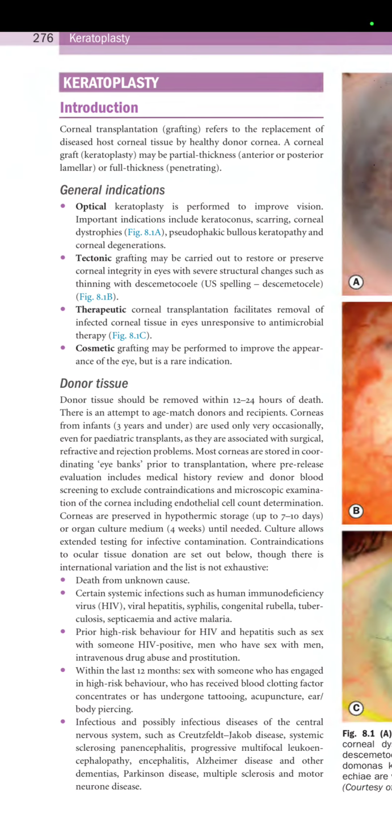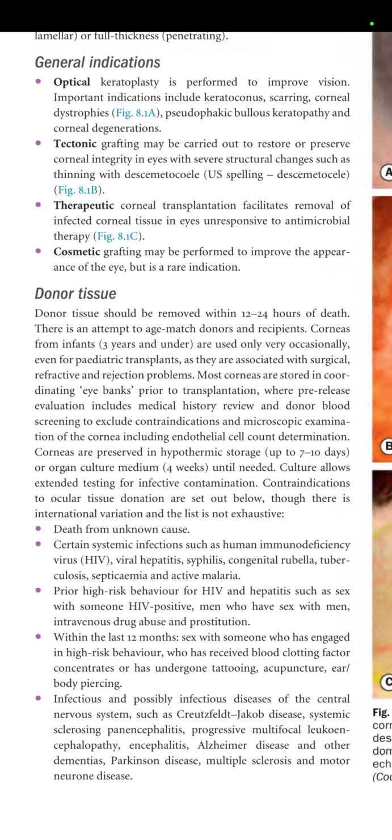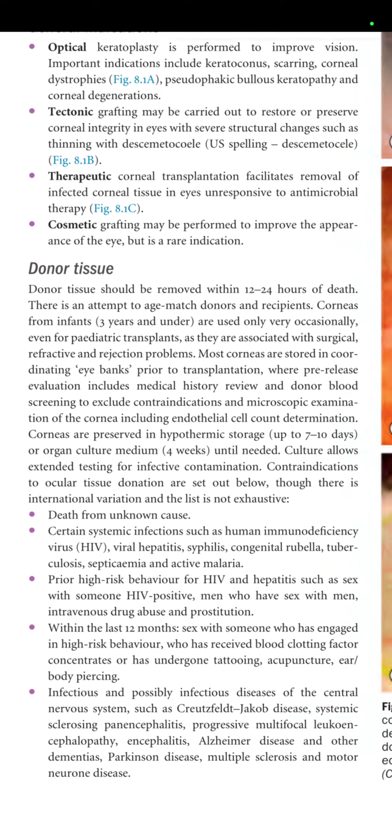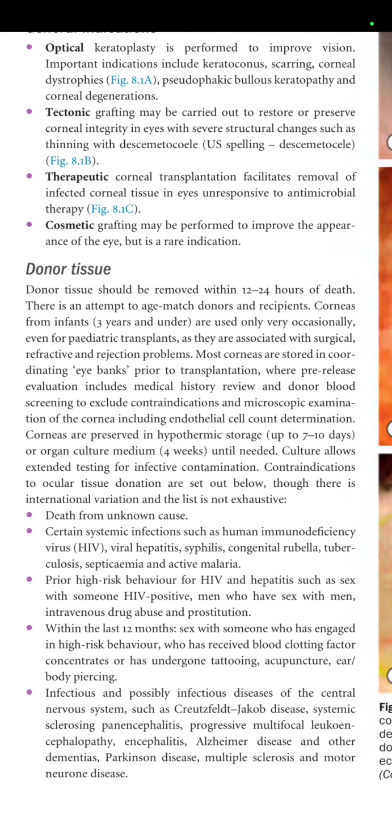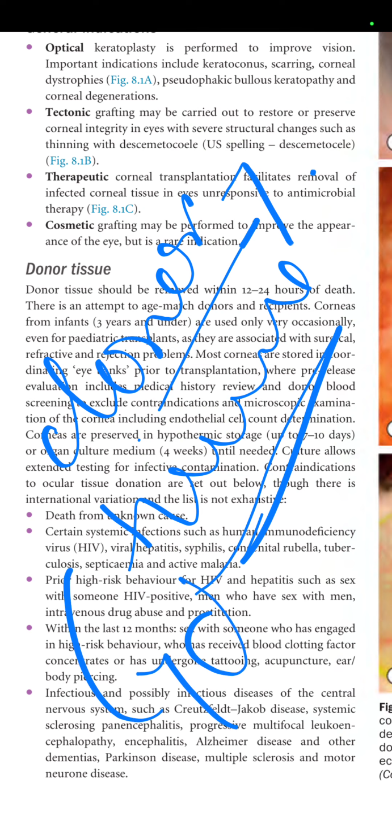Next is the donor tissue. So you have to look for certain things in the donor tissue to consider it an appropriate tissue for transplantation. First, it is very important when to harvest the donor tissue, because of course you cannot harvest the donor tissue from a live person, but you can harvest it from the patient when he has died.